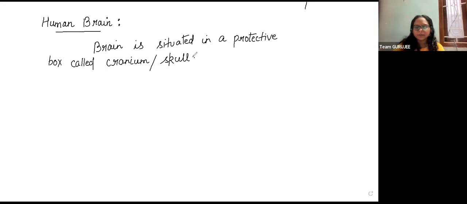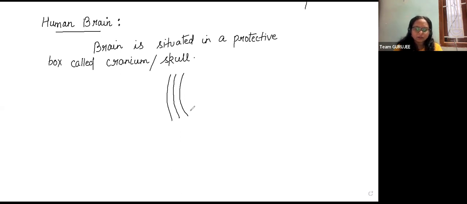For the cranium, there are actually three layers. These three layers together form the cranium. What are these three layers called? Any idea? You have never heard of it?